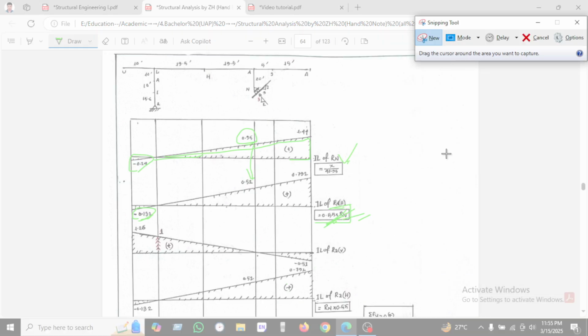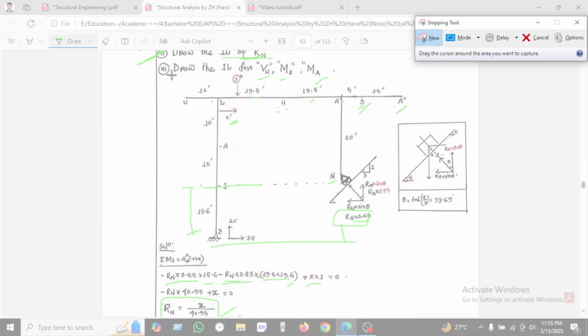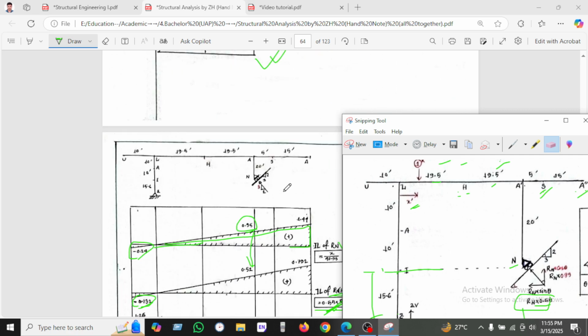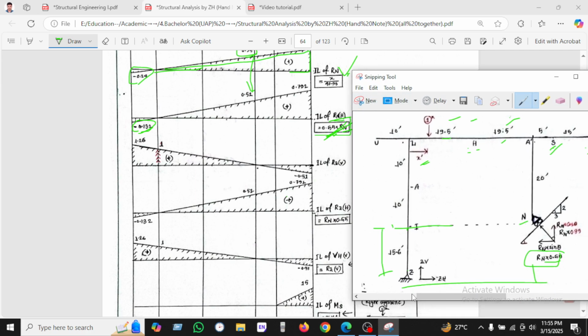If we take Rz, as we know Rz is here, and it is pushing upward, then it will go upward also. So the influence line will be like this. We are pushing Rz here, so one unit will be here, and the influence line will be like this. Now, how will we get Rz horizontal?